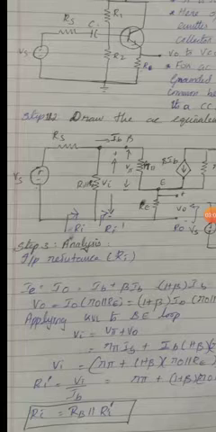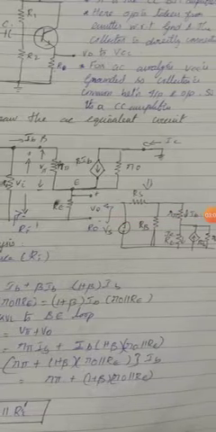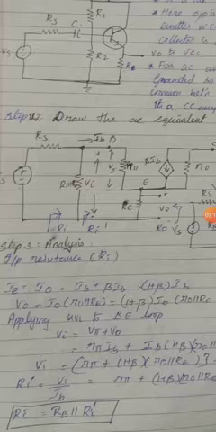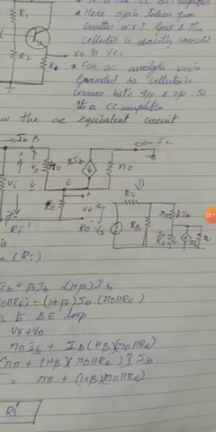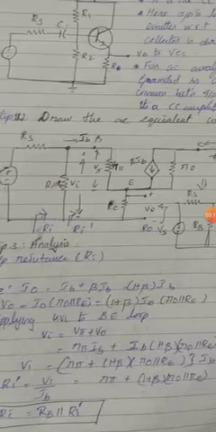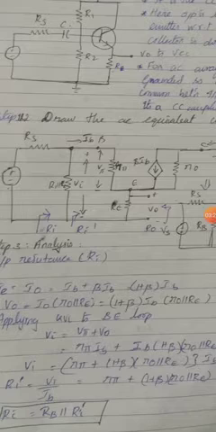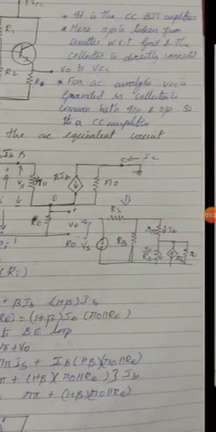Next, applying KVL to the base emitter loop, we get VI equal to V pi plus V naught. Both will be there. Instead of V pi, we can substitute R pi into IB. We know that V pi will be R pi into IB, and V naught will be I naught into R naught parallel with RE.